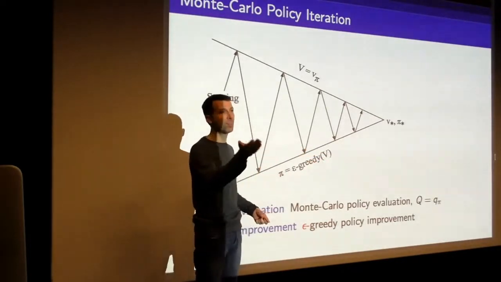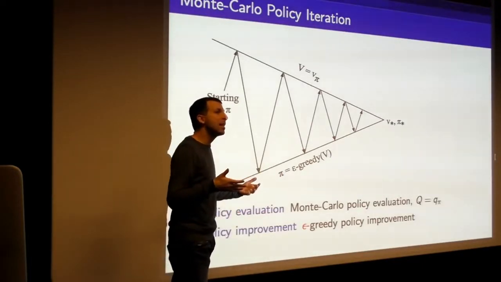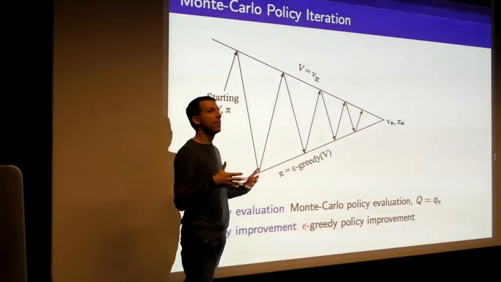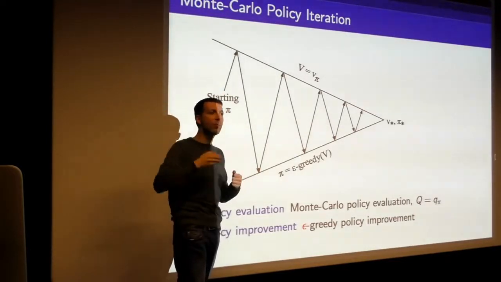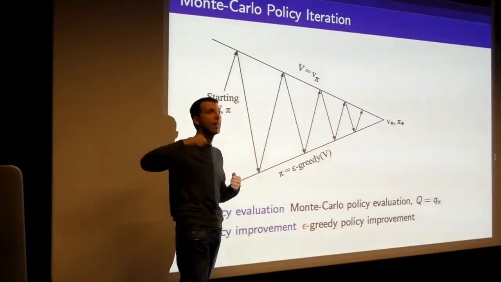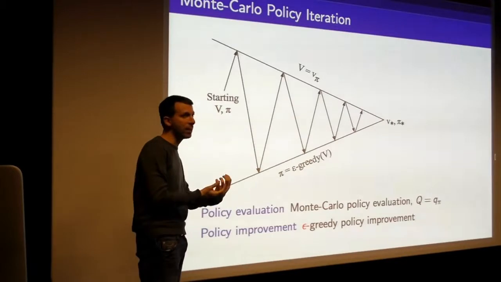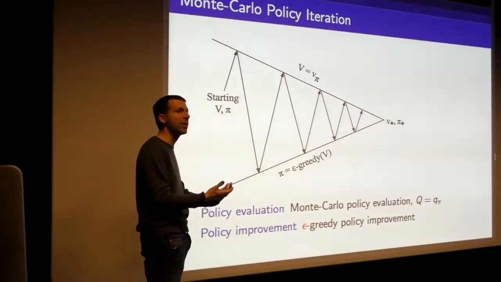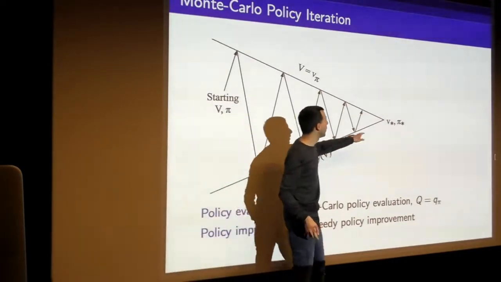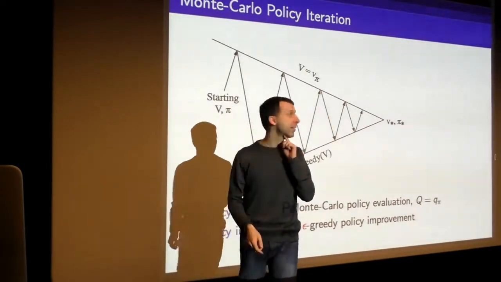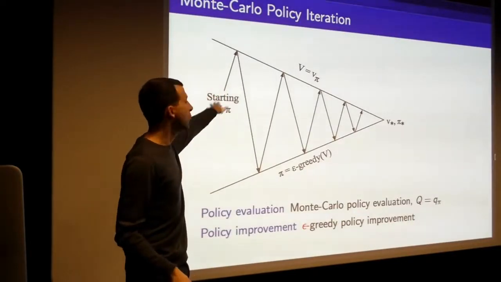Now, as pointed out by the question, the rate at which you actually see everything might be very, very slow still. There might be some states that are way off down some strange trajectory, and you have to explore and explore again to be able to even see those states. So this doesn't give you very strong guarantees of how long it takes to explore all of those states. It just says asymptotically, at least, this will find the optimal policy at the end. It should say Q star. This should all be Q rather than V.